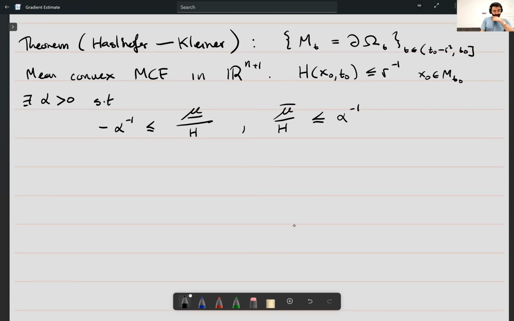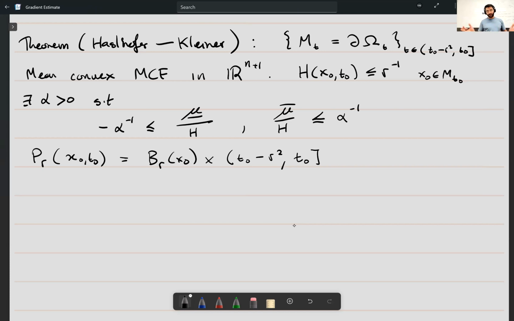Right? And yeah, so this is true in a parabolic ball centered at x0, t0. So that means it's the ball of radius r at x0, and in time it's parabolic, r squared. And r is chosen so that if you rescale the domain, this scales just by scaling r.